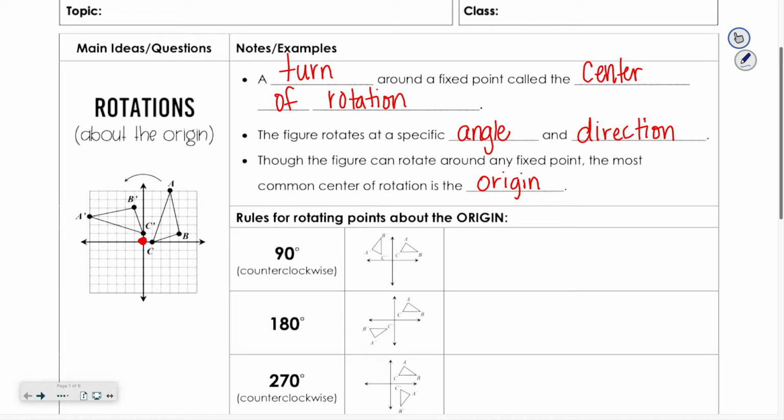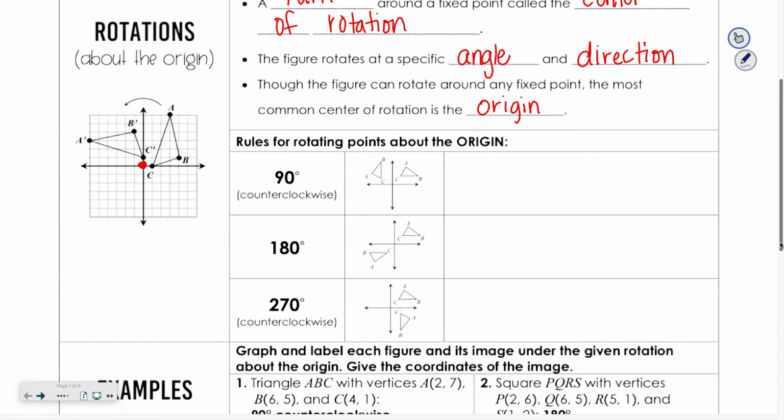So, let's write these rules down. You can memorize these rules or you can learn a little trick. I'm going to show you the trick. If you're going 90 degrees counterclockwise, your ordered pair is (x, y). We have to have a rule to change it.